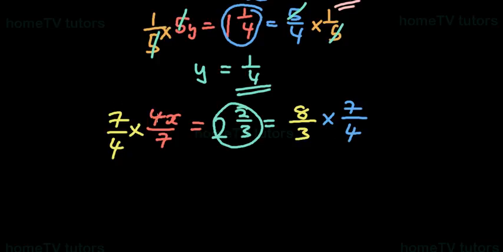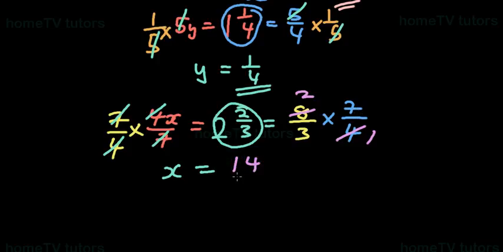So now 4 cancels 4 out and 7 cancels 7 out on the left hand side, so we are left with x on the left hand side. Then on the right hand side, let's see what happens. 4 goes in 4 once, 4 goes in 8, that is 2. So we are left with 2 times 7, which is 14.